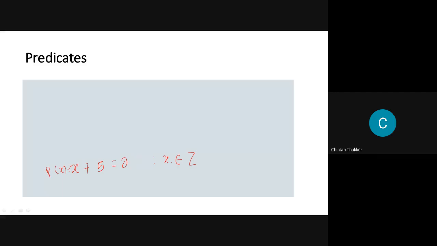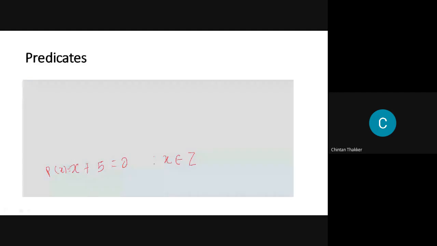If x is minus 5, it is true. Except for minus 5, it is false. So the truth value depends on x, and this statement is called a predicate.